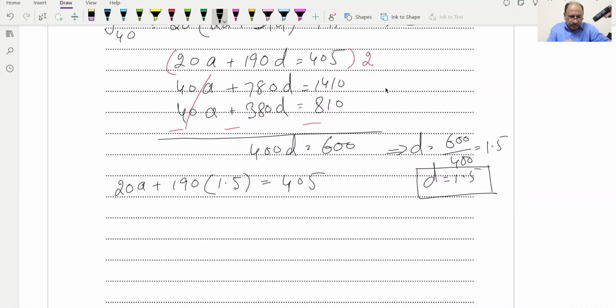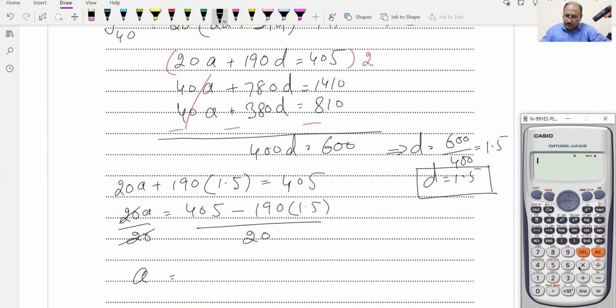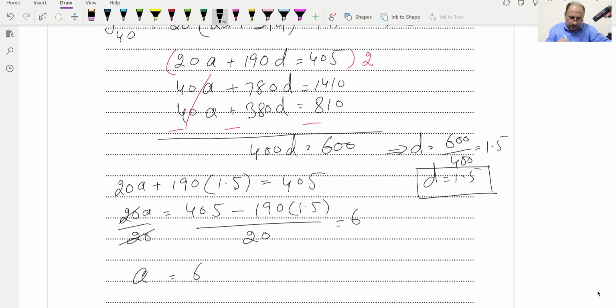Simplifying, 20A is equal to 405 minus 190 into 1.5, and dividing both sides by 20, A is equal to (405 minus 190 into 1.5) divided by 20, which gives us 6. So the A value is 6.